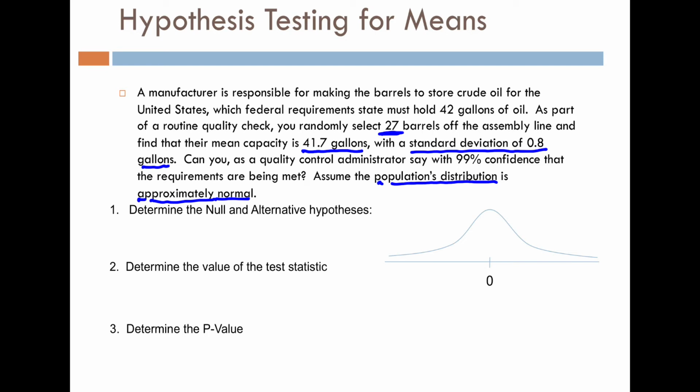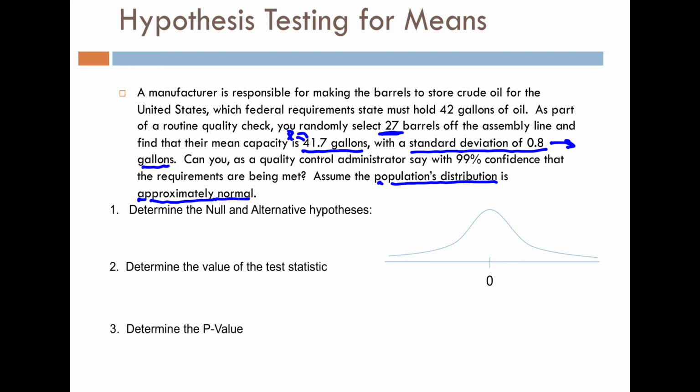All right, I do want to point out here our standard deviation came from the sample of 27. You'll notice it says you randomly select 27 barrels off the assembly line and find their mean capacity is 41.7 gallons with a standard deviation of 0.8. So this is my sample result for the mean.